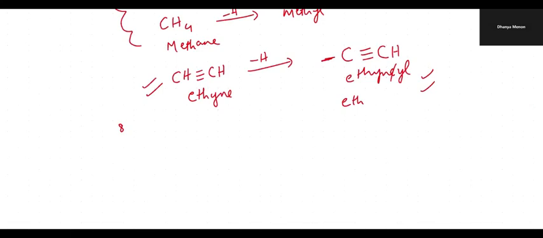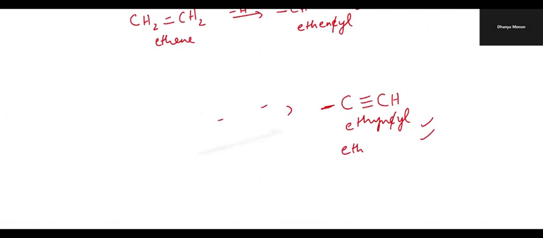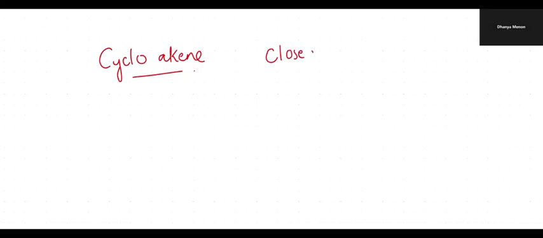I hope you made a note of this. Now, coming to cycloalkene. Cycloalkenes are closed chain alkenes.